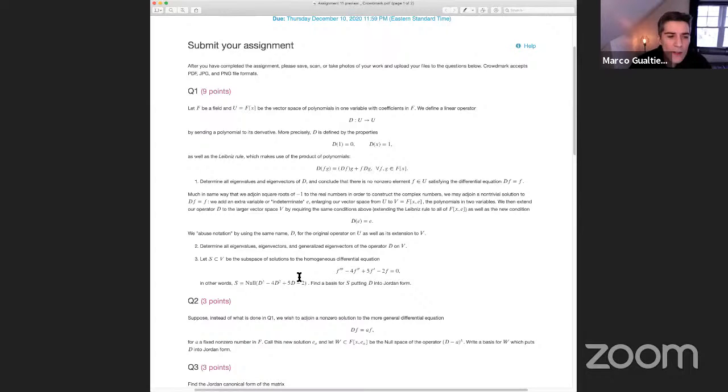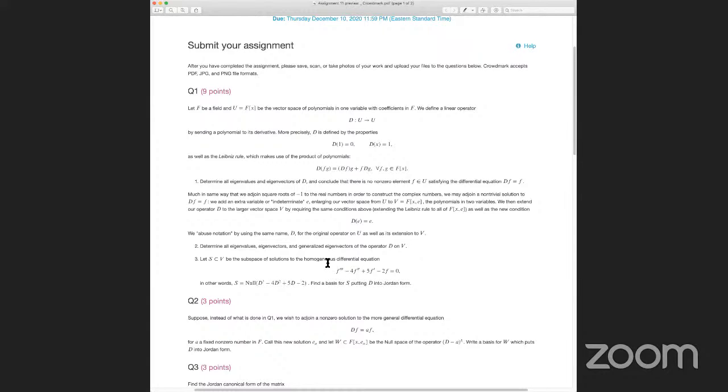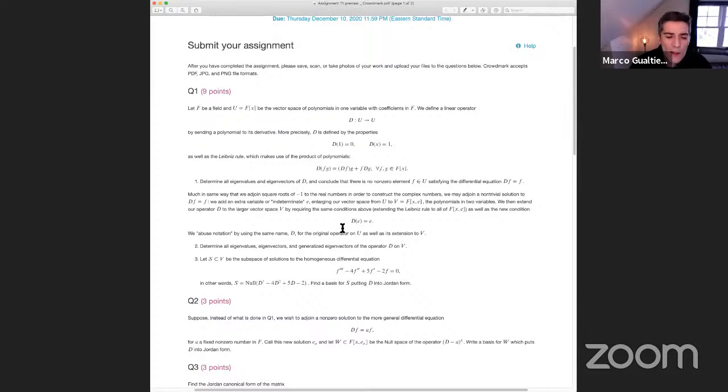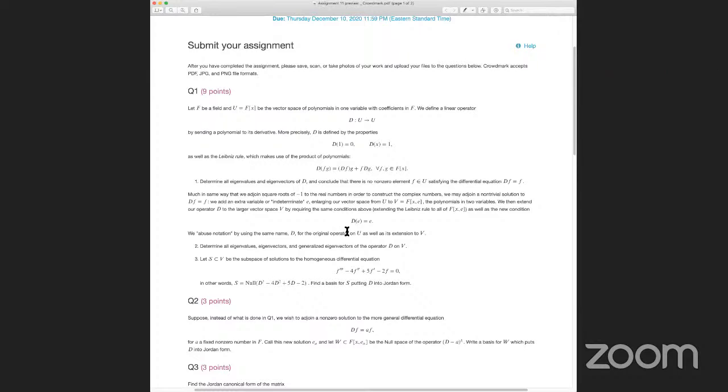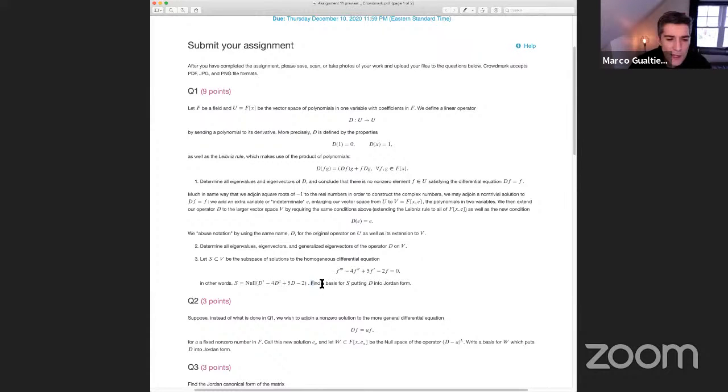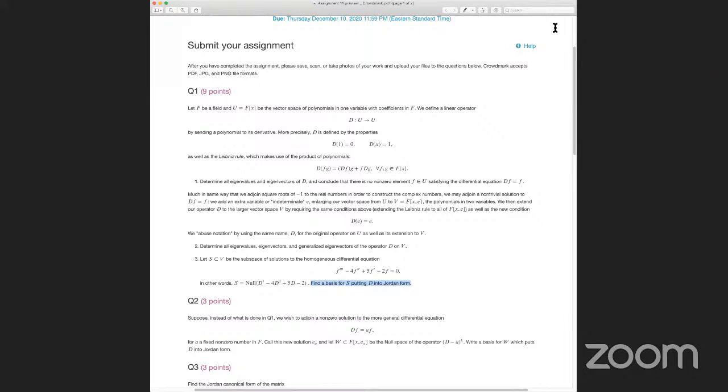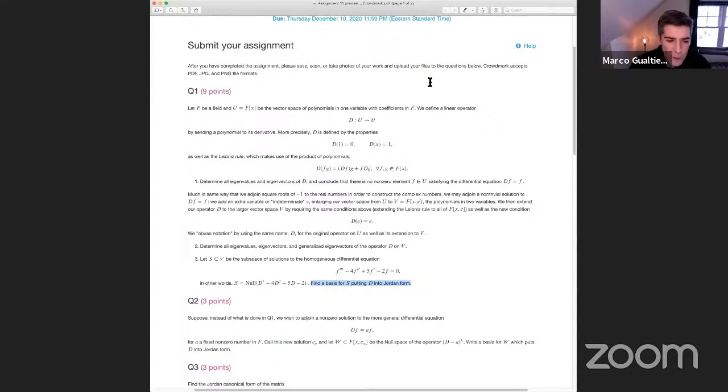Yes. So the Jordan form is a matrix. I don't quite understand how you could. You need to look at the statement of the question. This is a sentence which answers your question. Okay, thank you. That's a good question. The vector space V is infinite dimensional, but this question avoids that problem.